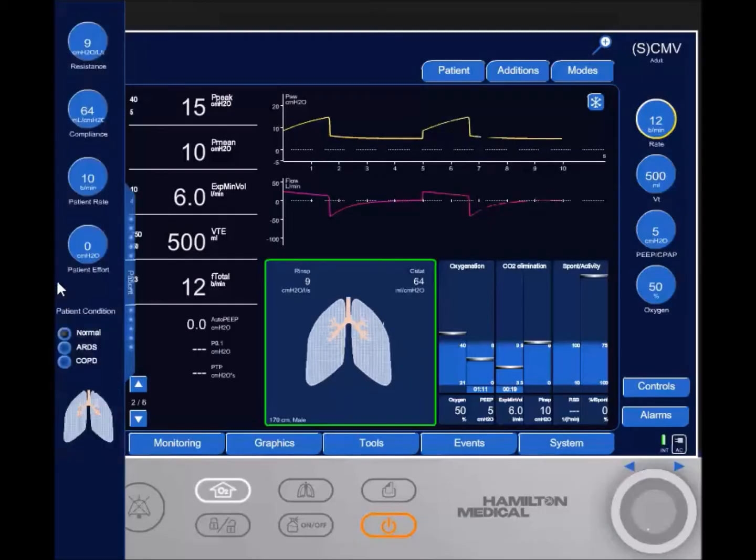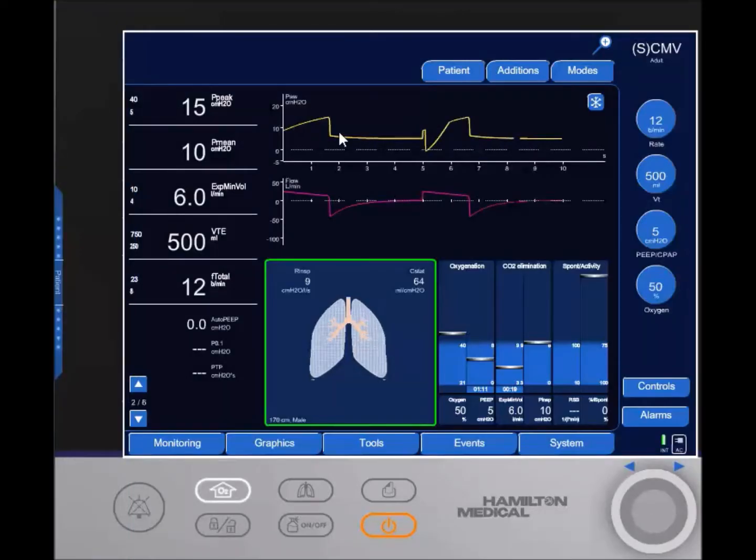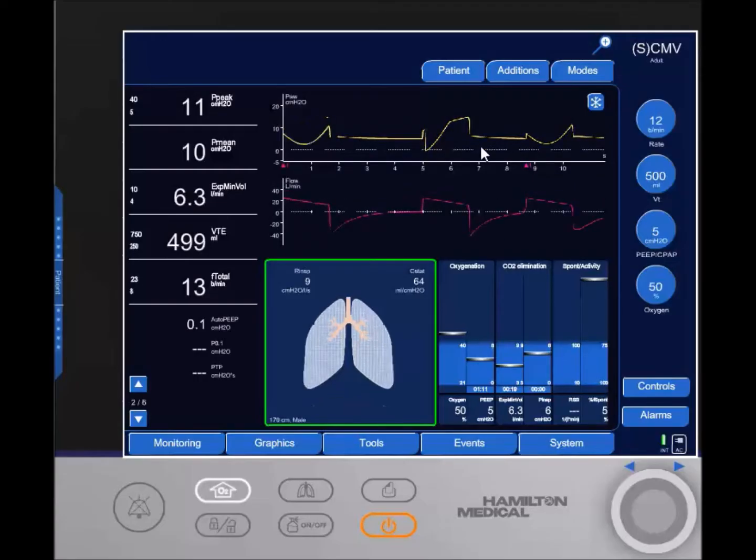And I'm going to have the patient now spontaneously breathe. I'm going to have a rate of 10, and I'm going to increase the effort to around 10 centimeters of water. And we're going to look at the waveforms here, and you'll notice that there's my assisted breath, here's my spontaneous effort, and my spontaneous breaths are for the same inspiratory time as the mandatory breaths with the same tidal volume also.